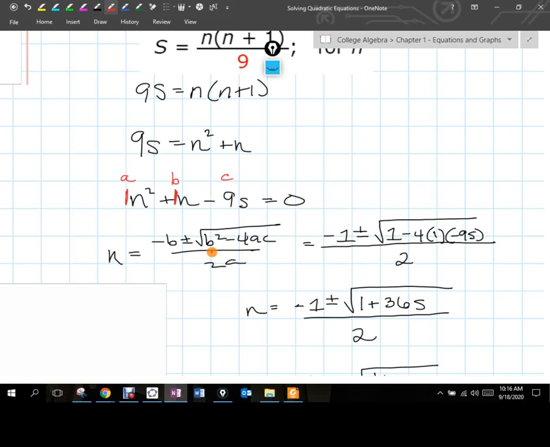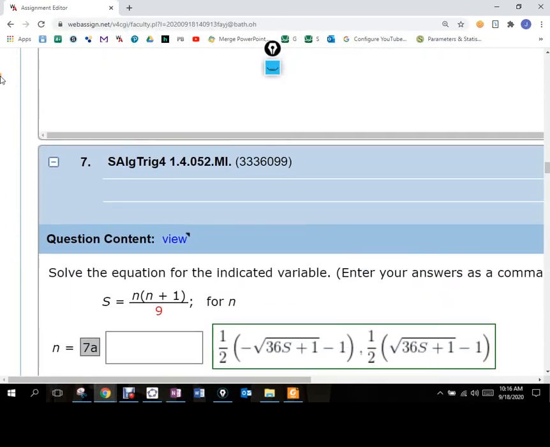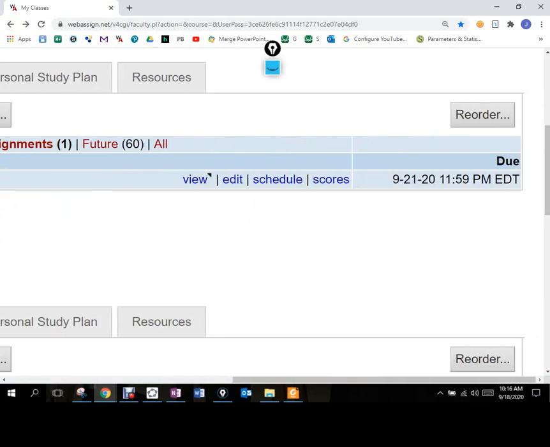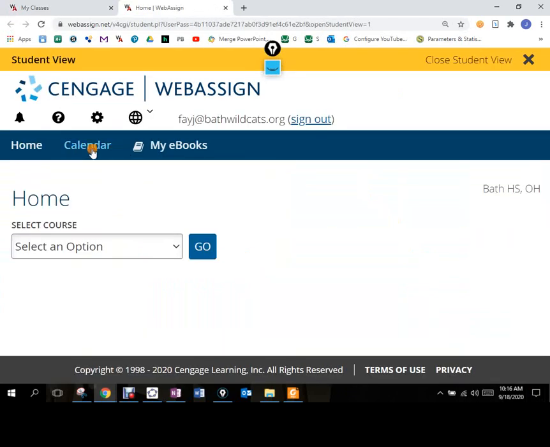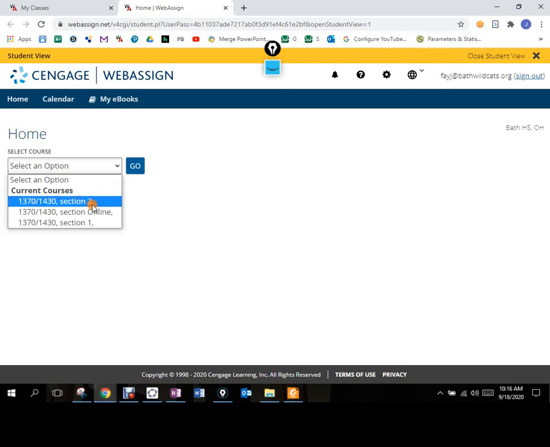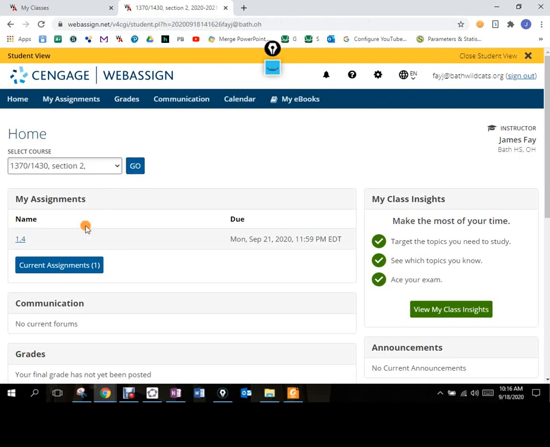I should give you the answer. Somewhere you should be able to see it. I'm not 100% sure if I can actually see the student view on my end of things. Let's see if I can. Yeah, so section 2, 1 to 4.